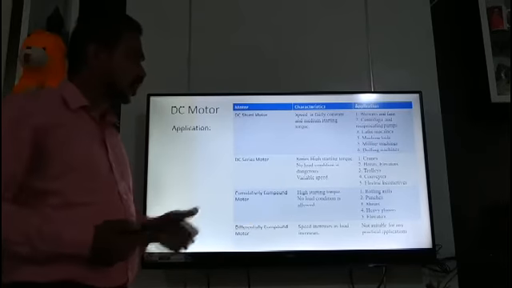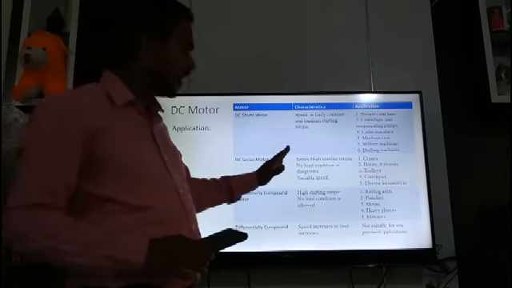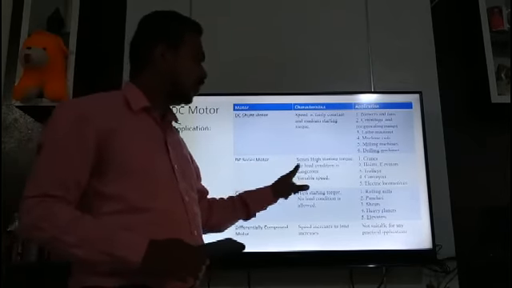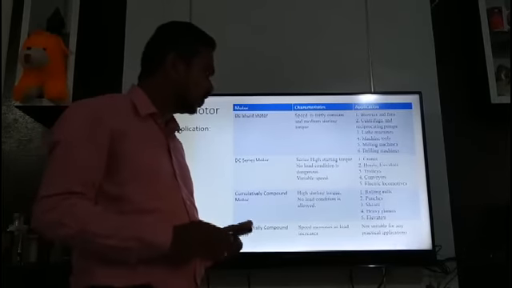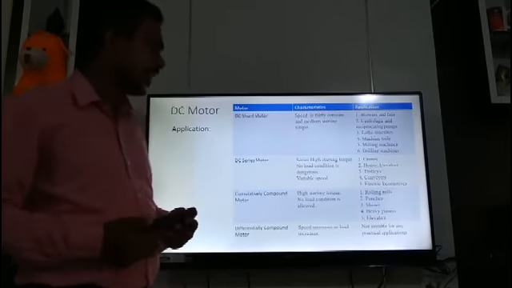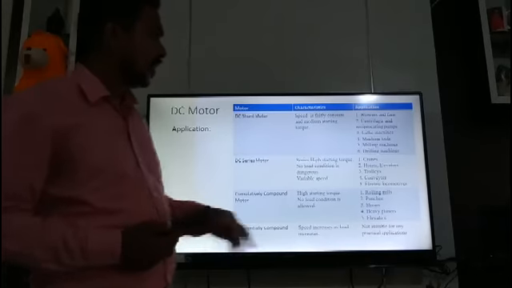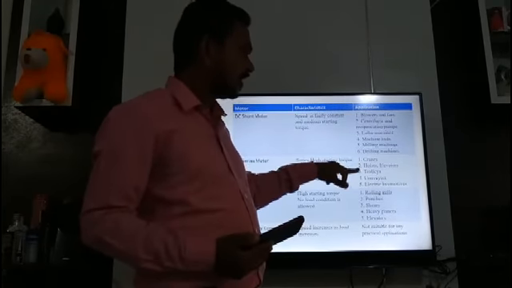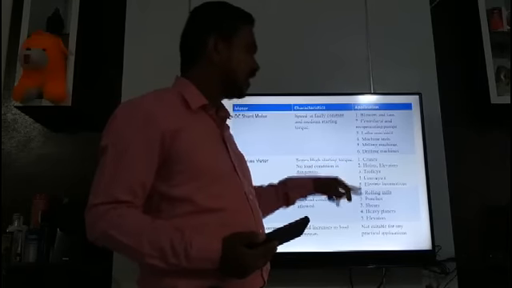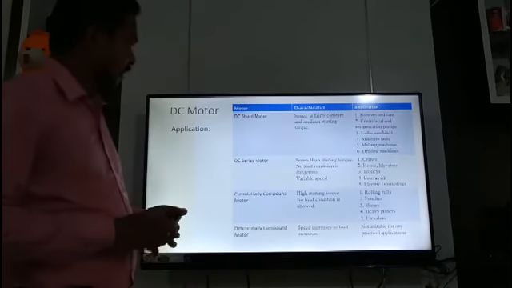Second is the DC series motor. It has a high starting torque, and no load condition is dangerous, that means we cannot allow the no load condition. The speed is variable, so we can vary the speed. Applications are cranes, hoists and elevators, trolleys, conveyors and electric locomotives.